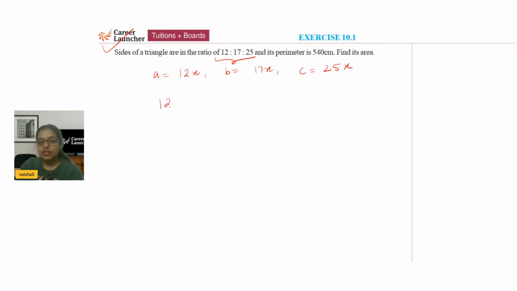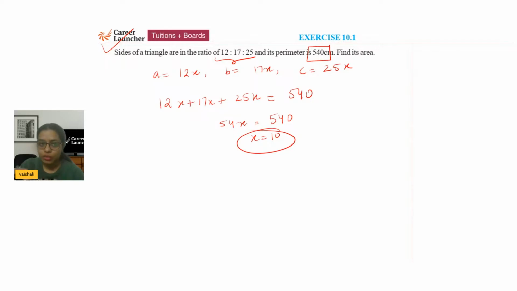The reason is that you are given the perimeter, which is 540 centimeters. So add all of these, divide this with 2. Oh, sorry, we are finding the perimeter now. So the sum has to be equal to 540. Now if you will add all of these, this will come out to be 54x equal to 540. So x is equal to 10.